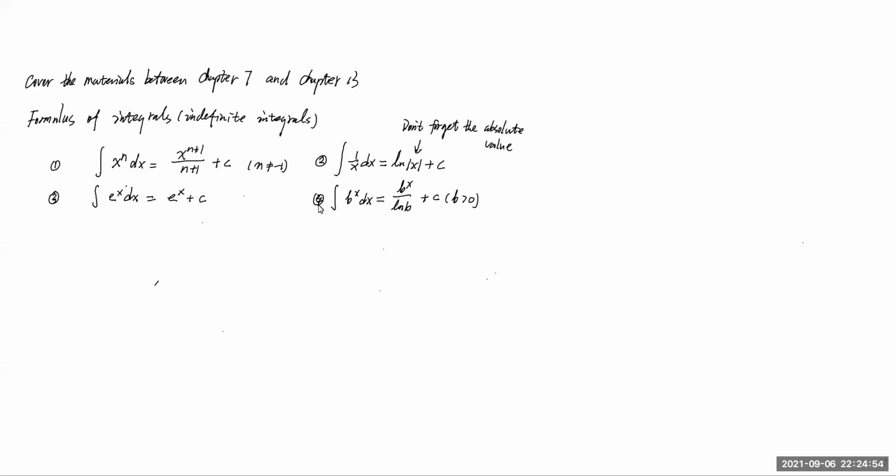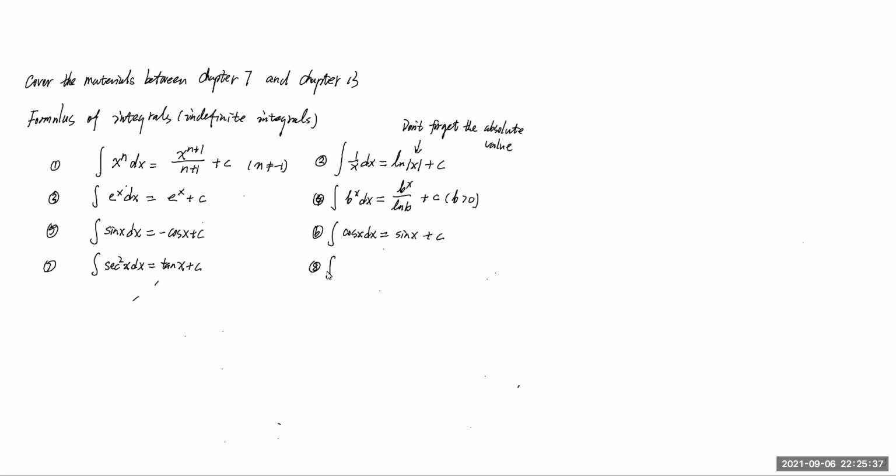Okay, so the fifth one is sine x dx. The antiderivative is negative cosine x plus c. Six is cosine x dx is sine x plus c. And seventh is secant squared x dx is tangent x plus c.